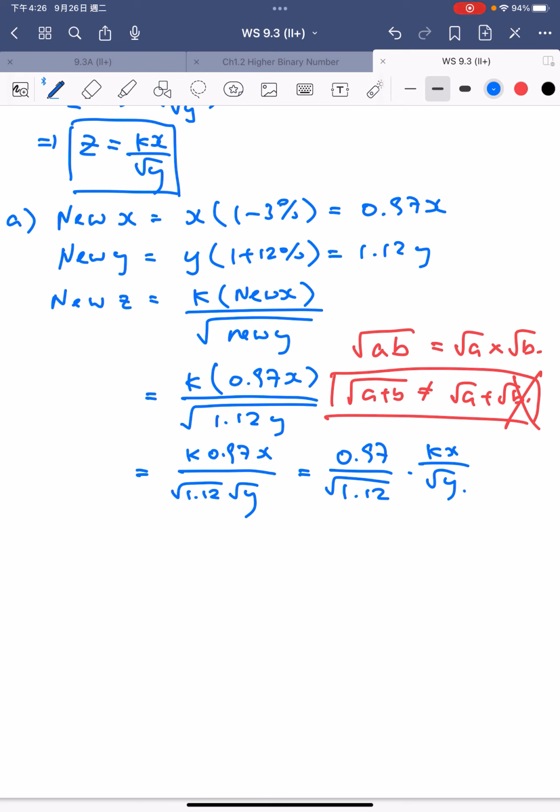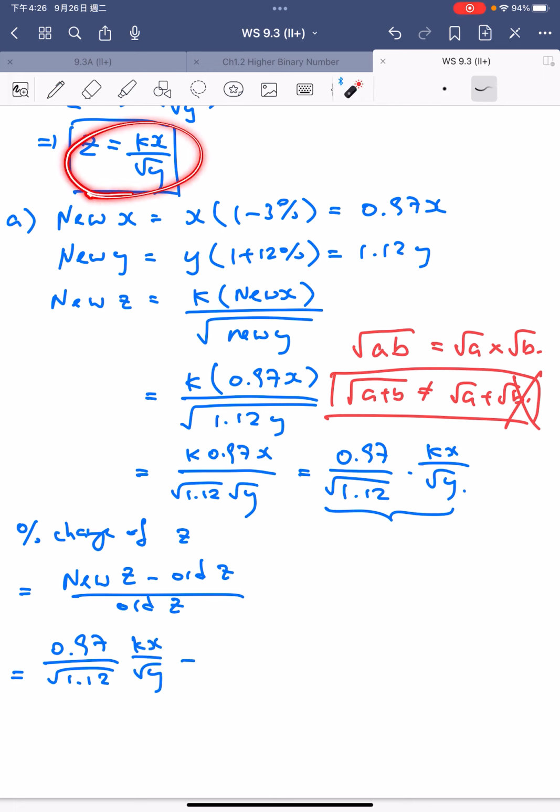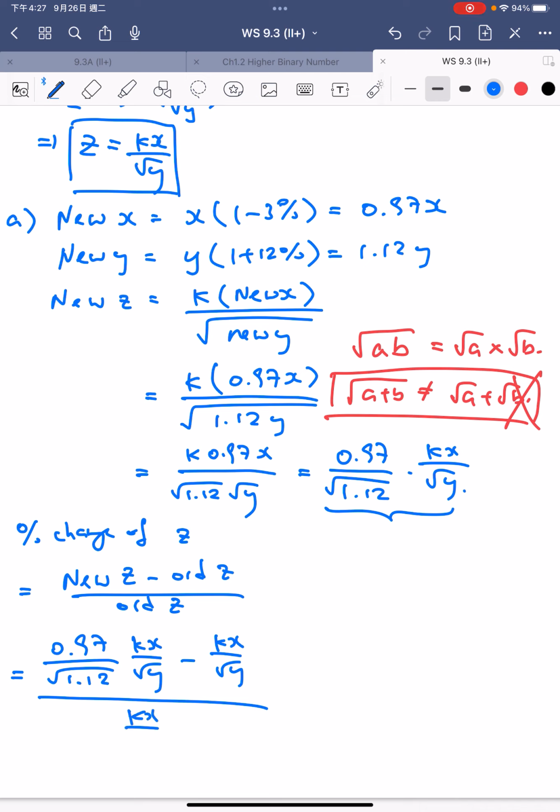Then we can use our percentage change of z, which is equal to the new value of z minus the old value of z, divided by the old value of z. Substituting the new value of z, we get 0.97 divided by the square root of 1.12, times kx over square root y, minus our old z, which is kx over square root y, then divided by kx over square root y.